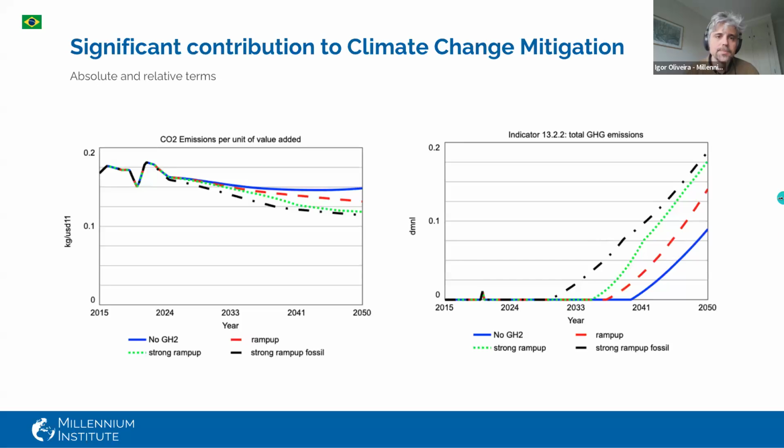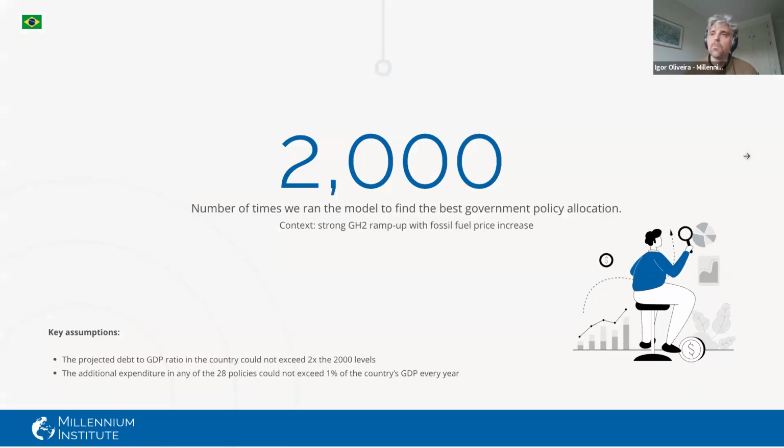Yes, next slide. So let me talk a little bit more about policy optimization, which is something that we don't do for all the countries, but for those who have a particular interest in that. This is when we run the model, in this case 2,000 times, to be able to find policy scenarios that maximize the performance of the SDGs, right? So in this case, we took the scenario that was the black line in the previous graph, the strong ramp up with fossil fuel price increase.